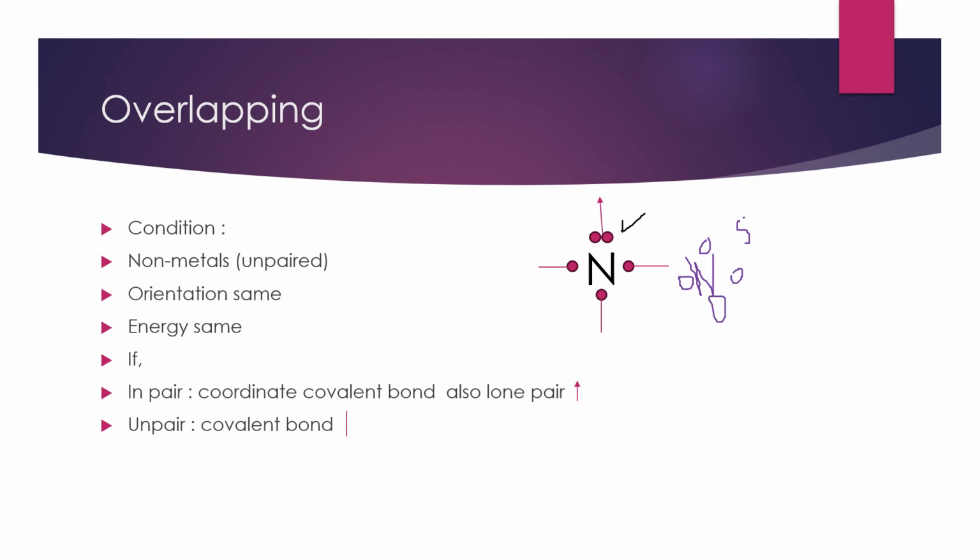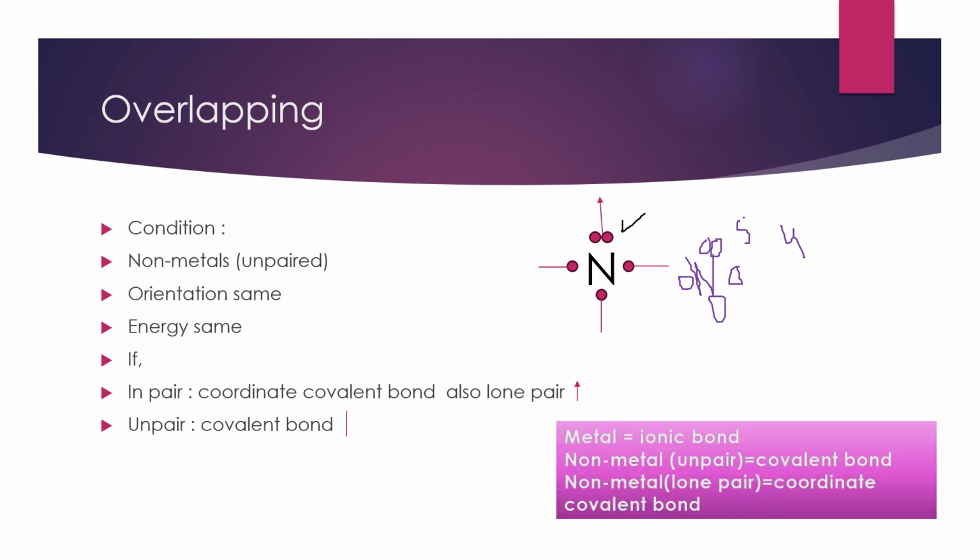After that, if it is greater than 4, we start filling in pairs. So there are 5 electrons, and we fill 1 extra electron. Like this, we have 1 coordinate covalent bond and 3 covalent bonds.